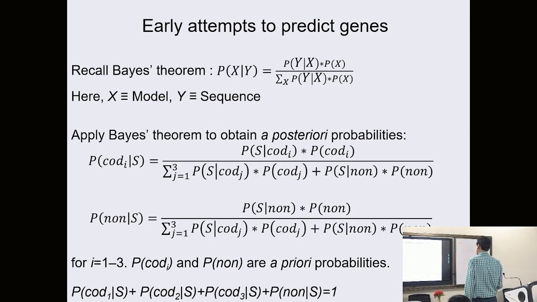Here J indicates that J goes from 1 to 3. This is a summation. First consider J equal to 1. Then this becomes the probability of S given coding in frame 1, multiplied by the probability of coding in frame 1.